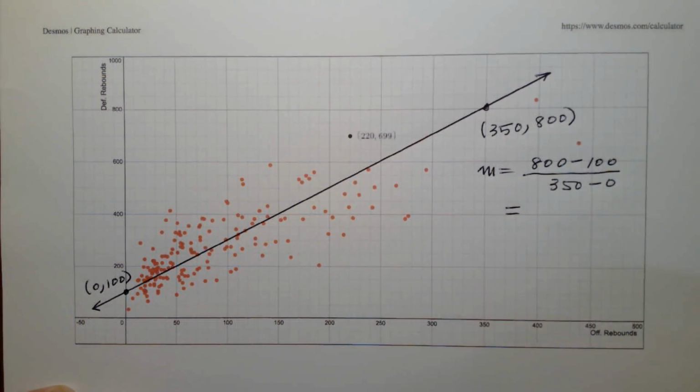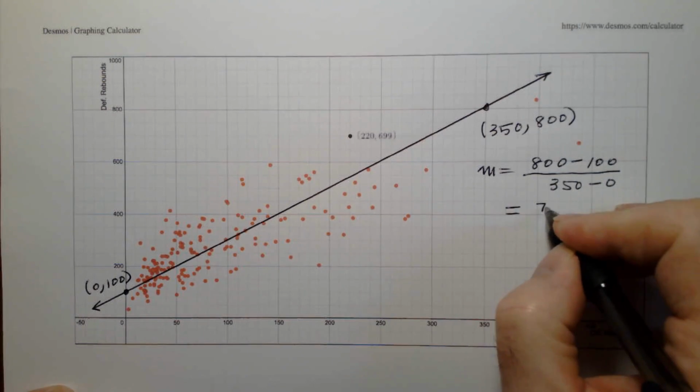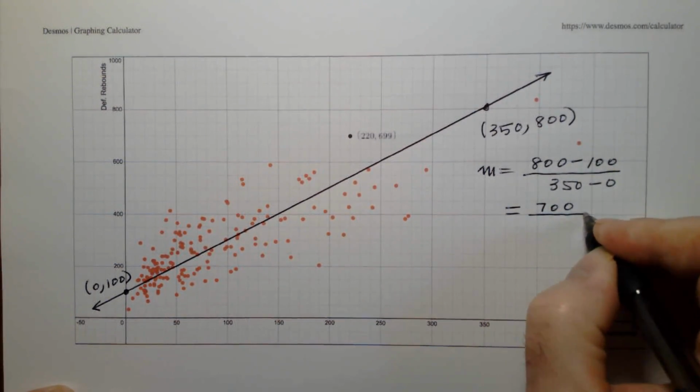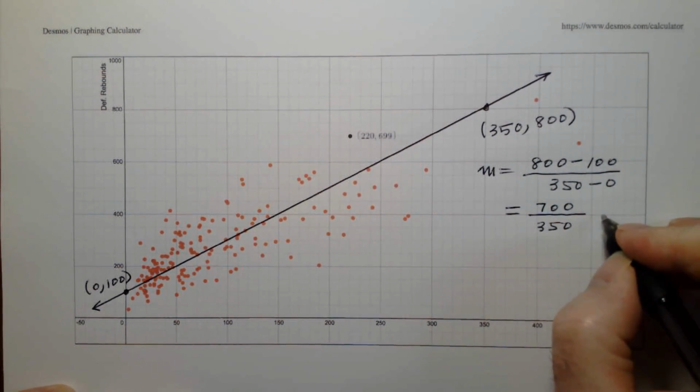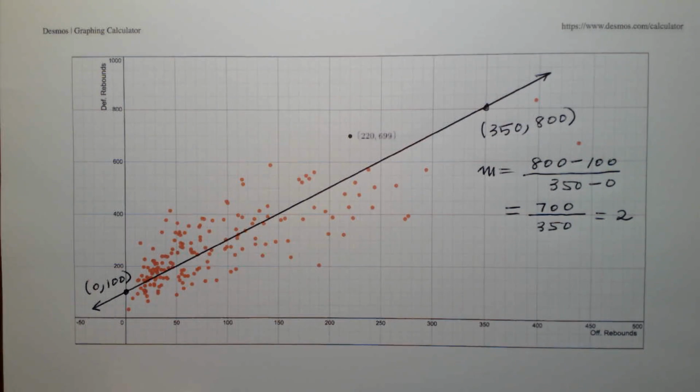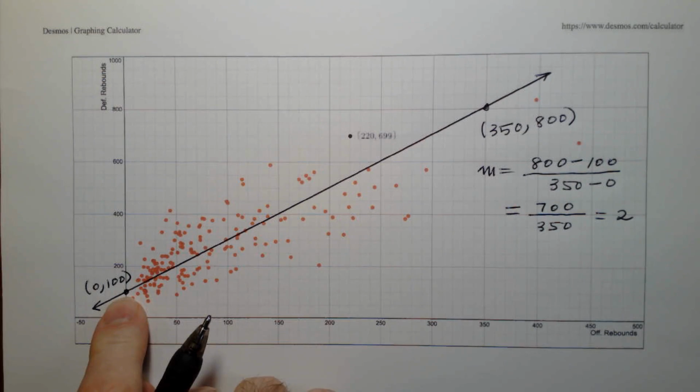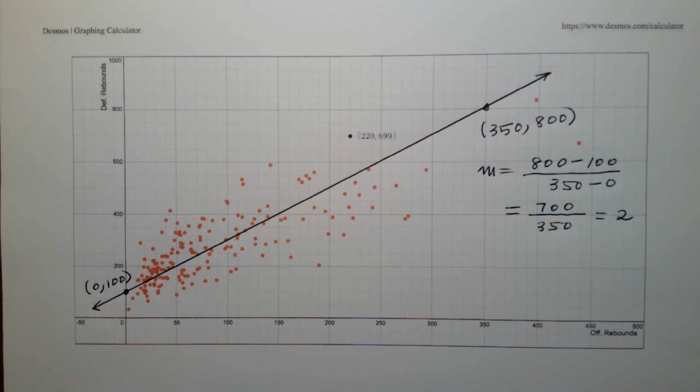Now 800 minus 100 is 700, and 700 divided by 350 is 2. So this line has a slope of 2, which is pretty convenient. It also has an intercept of 100. So our equation is in the form y equals 2x plus 100.